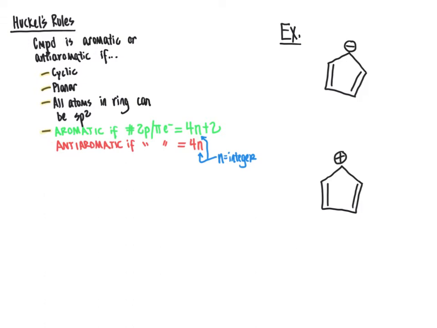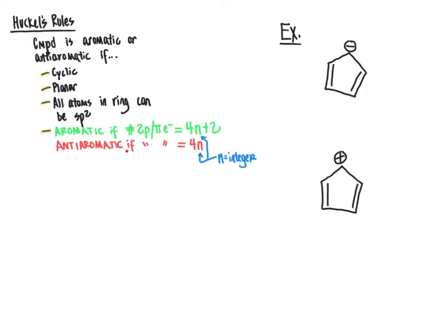Then finally, it's aromatic if the number of electrons in that ring that occupy 2p orbitals is equal to 4n plus 2, where n is any integer. So imagine we filled in n as 1. 4 times 1 plus 2 is equal to 6. So if we count 6 electrons in that ring, that means the molecule is aromatic.